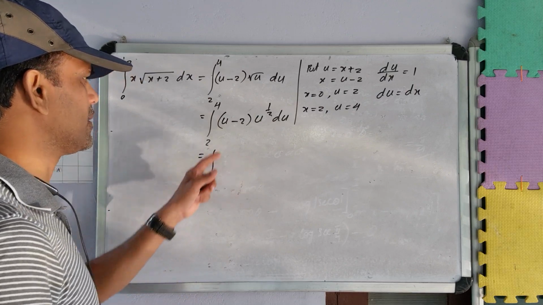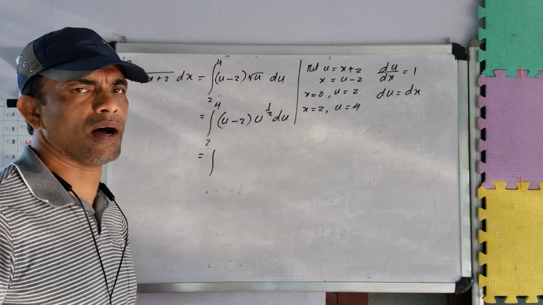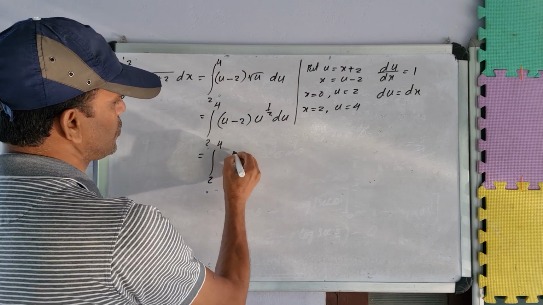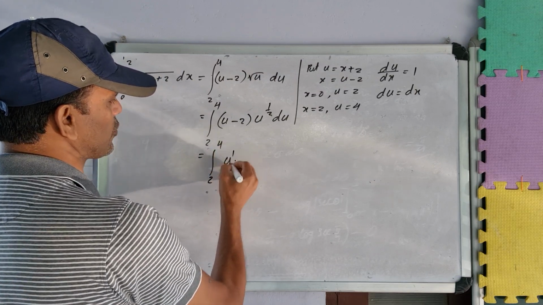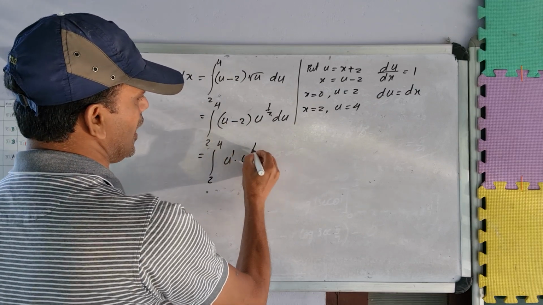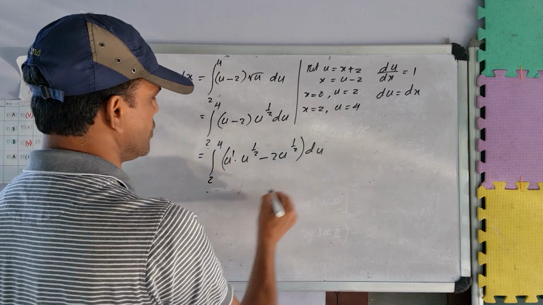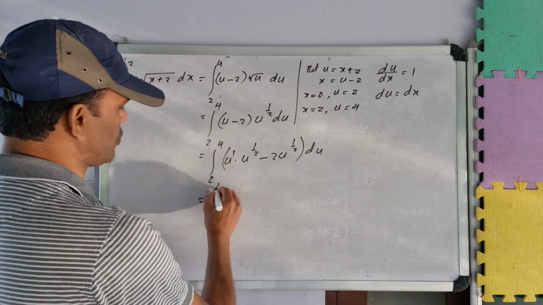To integrate, I multiply these terms using u raised to half. So u times u raised to half, minus 2 times u raised to half, du, equals the integral from 2 to 4.